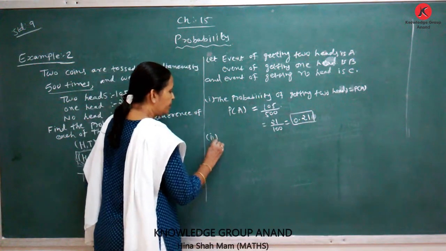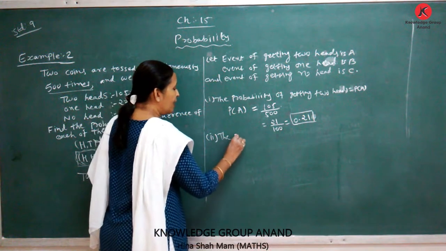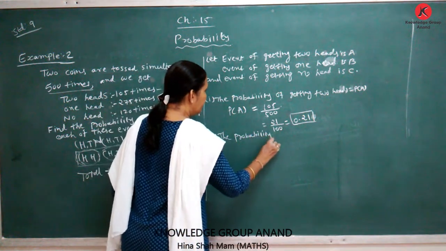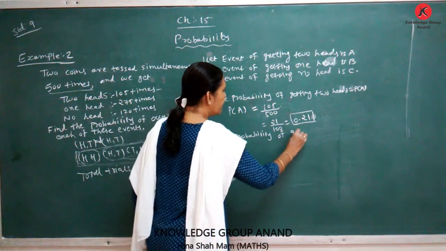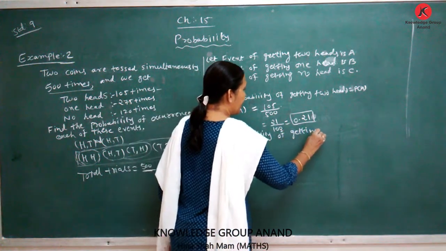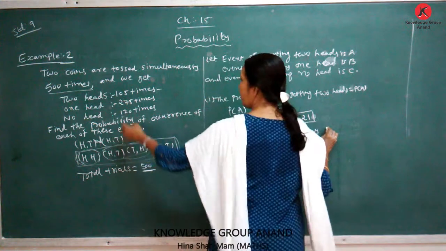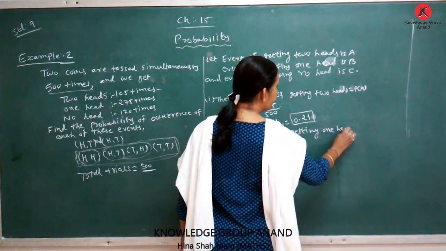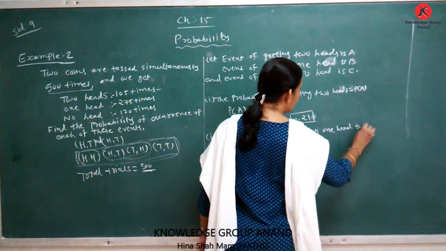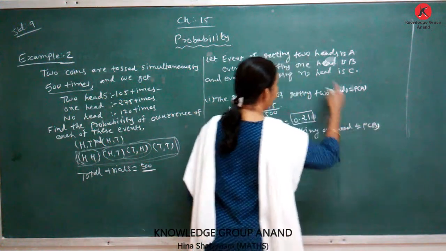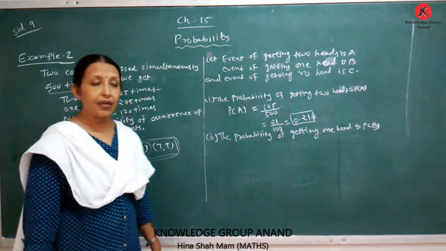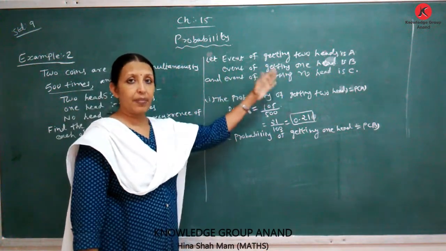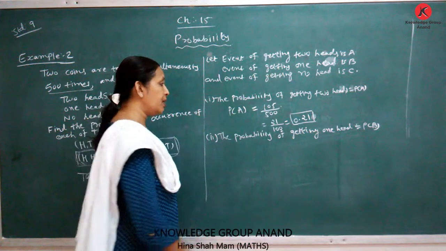Number 2: what is the probability of getting 1 head? It is equal to P(B). Getting 1 head is event B, so its probability is called P(B).